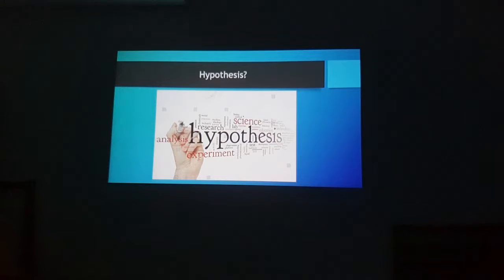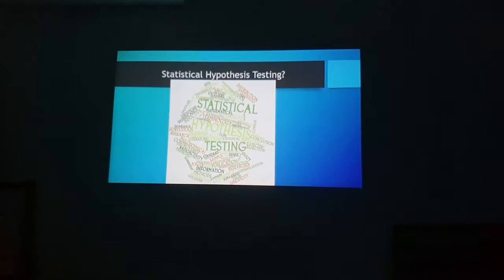What is a hypothesis? And what is hypothesis testing? A hypothesis is a theory or proposition set forth as an explanation for the occurrence of some observed phenomenon, asserted either as a provisional conjecture to guide investigation, called a working hypothesis, or accepted as highly probable in view of the established facts.